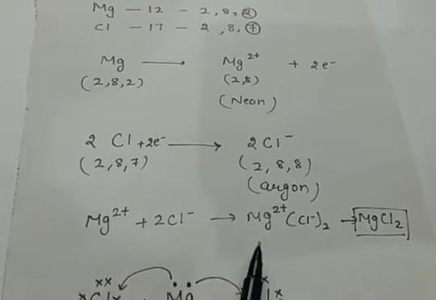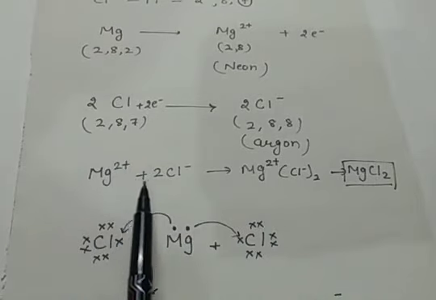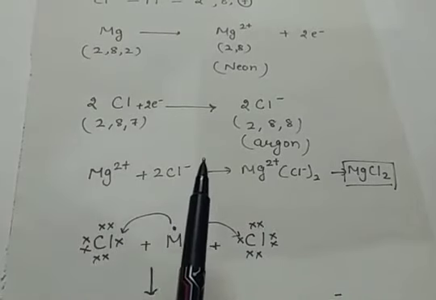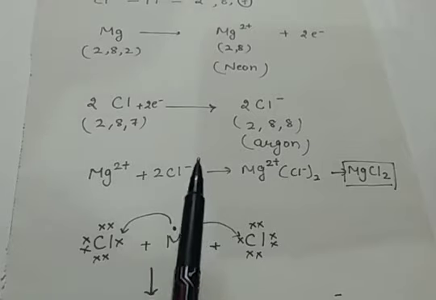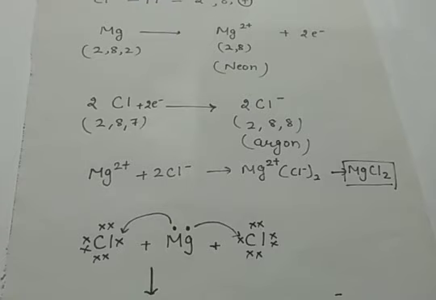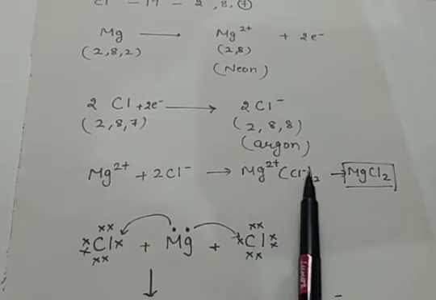Hence the net reaction gives Mg2+ and 2Cl-, because one Cl can take only 1 electron. Hence we need 2 chlorine atoms to take these 2 electrons coming from the magnesium. So it makes Mg2+ and Cl- twice.